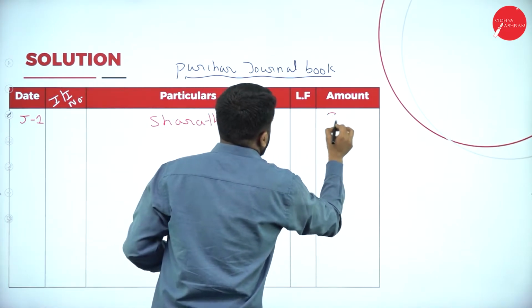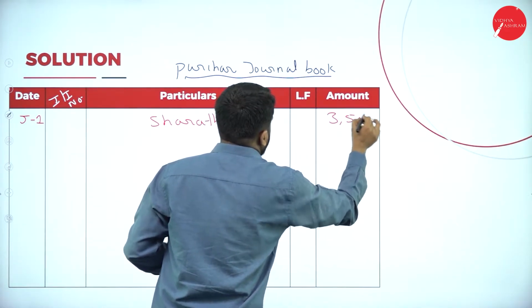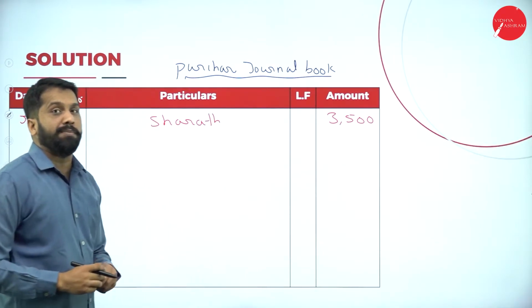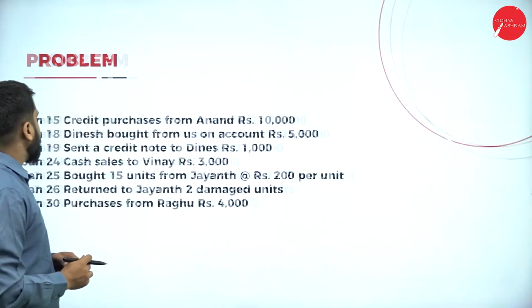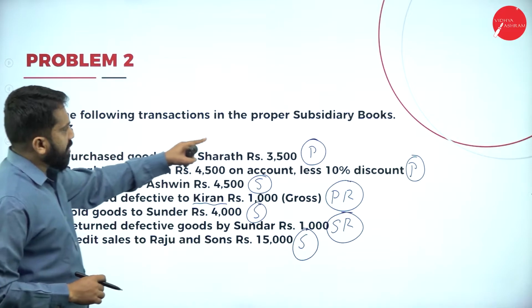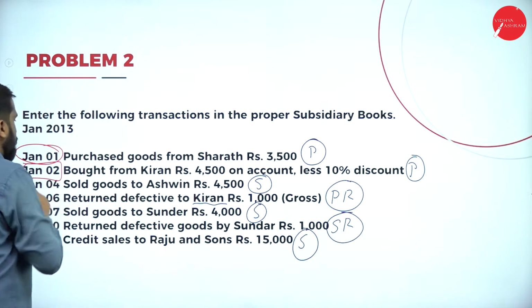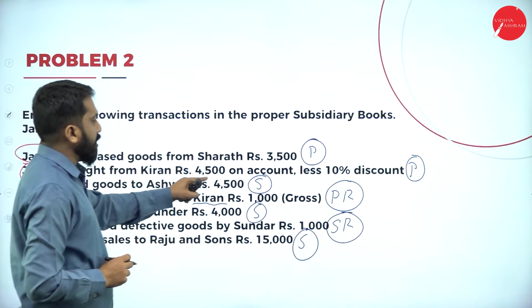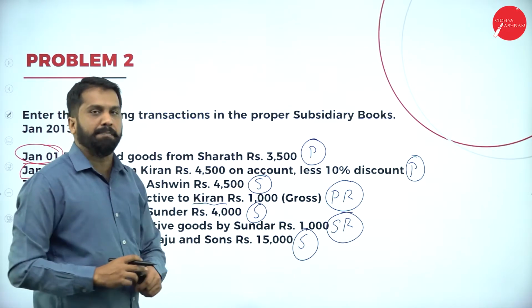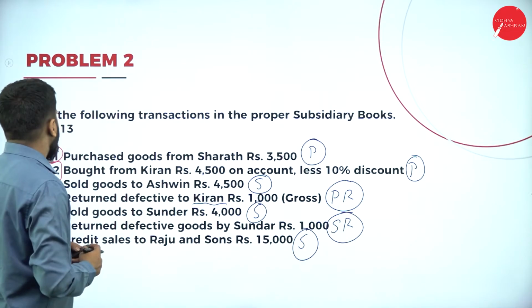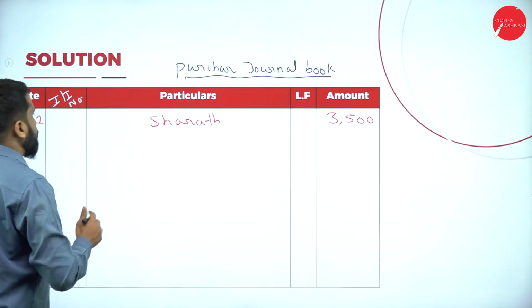Sharath, 3,500. This much only we are supposed to write. Next. Is there anywhere purchases? Yes. Second one. Bought from Kiran 4,500 less 10% discount. Jan 2nd.